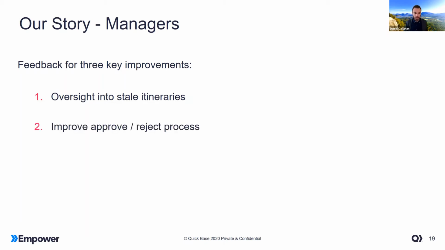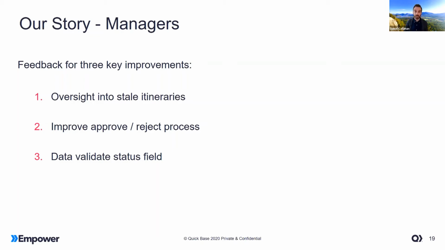Secondly, managers want a one-click solution to approve or reject itineraries. So right now their approve reject process is a little cumbersome and they would like that improved. And then the last one is the status field is a multiple choice field. And most of you know that with multiple choice fields, you can't hide specific options or selections within that list from a user with their role and the role's permissions.